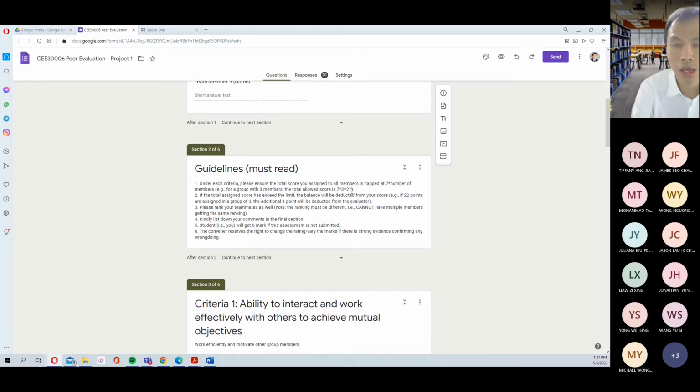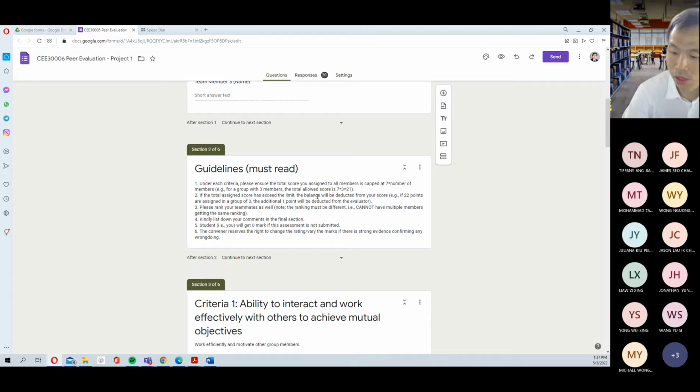For example, if I make a group with Hannah and Frederick, and I think I am the one performing much more than the other people and contributing much more, then I would like to give myself a score of 8. So that means 21 minus 8, how much I have remaining.